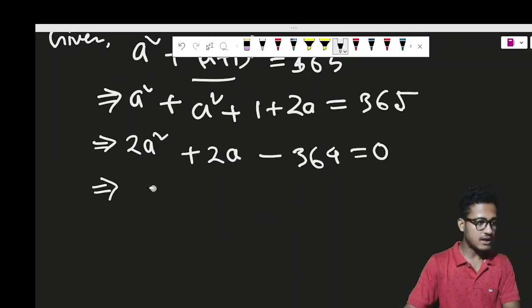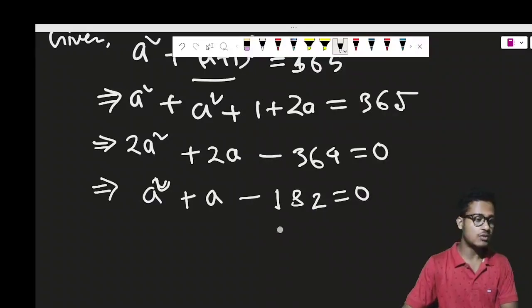This will imply a square plus a minus 182 is equal to 0.